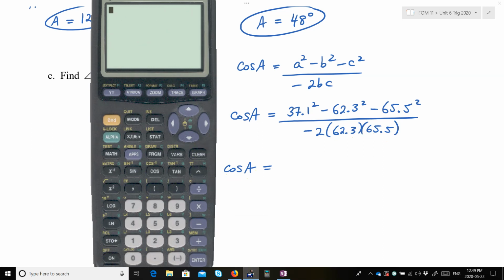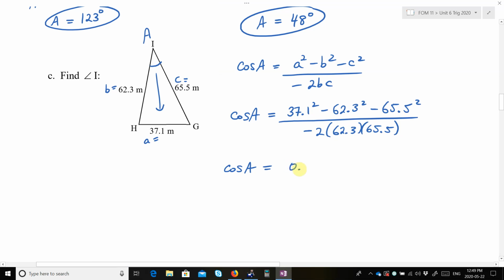Okay, let's calculate that in brackets. 37.1 squared minus 62.3 squared minus 65.5 squared. All of that divided by negative 2 times 62.3 times 65.5. We get 0.8326.